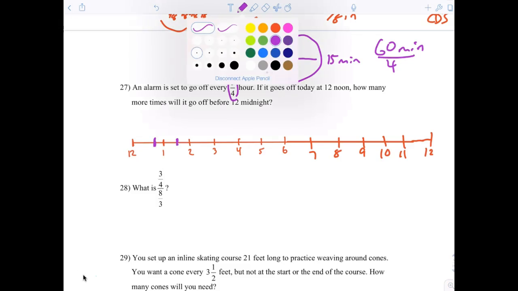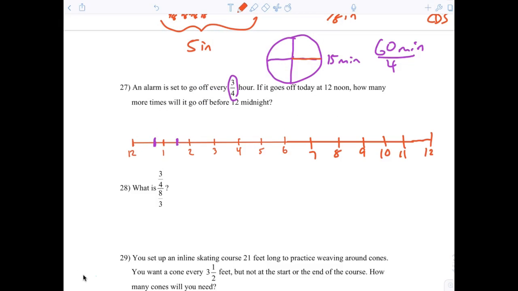Now watch how I'm trying to show you. That's 1/4, right? Now I'm at 2/4, right? Now I'm at 3/4, right? So that's 15 minutes, 30 minutes, 45 minutes, right? You with me or not? Remember what I told you. If it's not clear, don't.